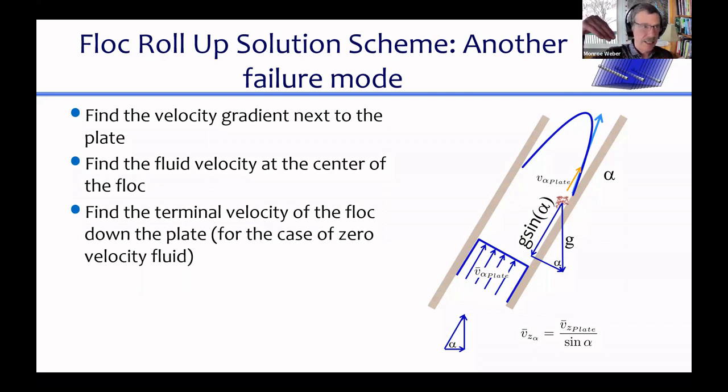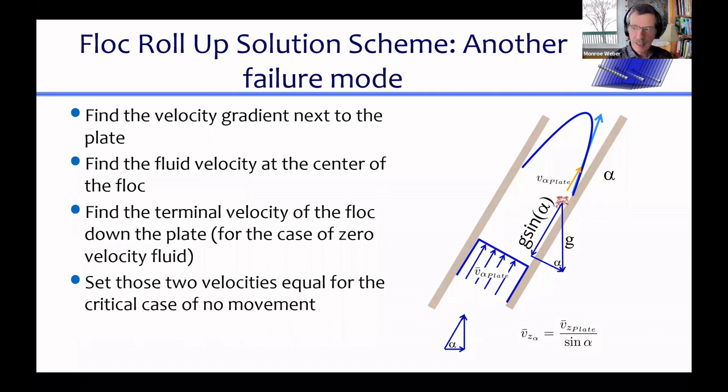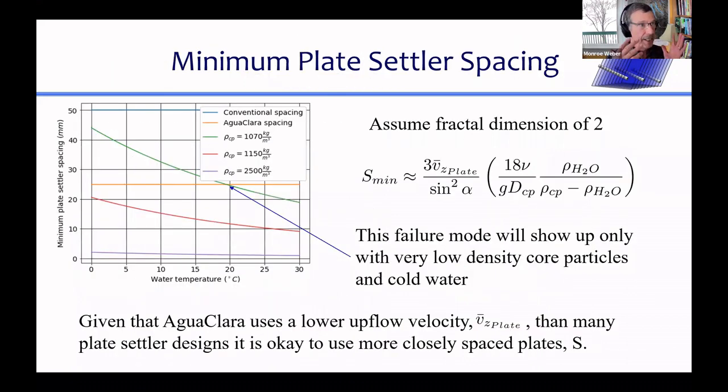So this is the floc terminal velocity would have been g times sine alpha. And we set the velocity of the center of the floc equal to the terminal velocity of the floc sliding down. And when those two are equal, that means that the floc will just hang out there and won't go up or down. So that's like right at the failure mode. And we can use that to figure out how closely we can place the plates.